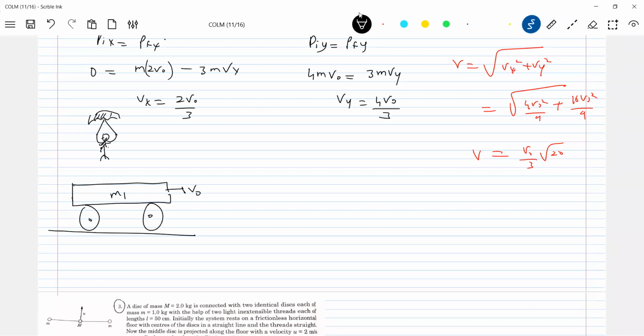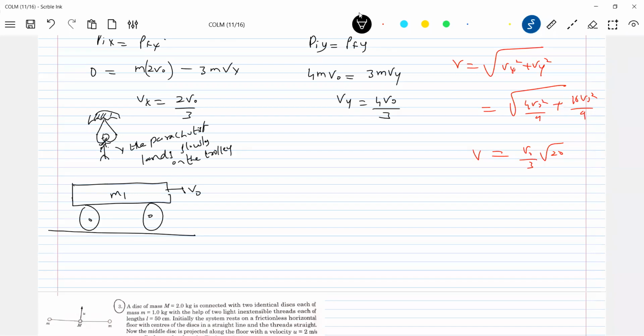Now, what will happen to the speed of the trolley? The person, or the parachutist, lands slowly on the trolley.